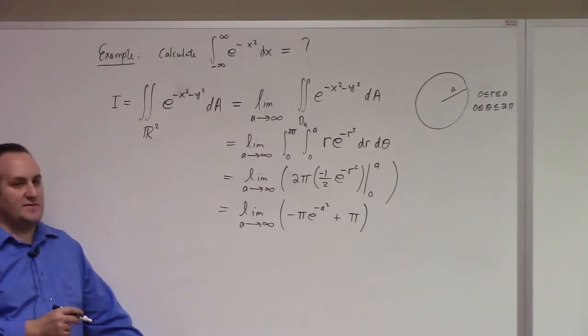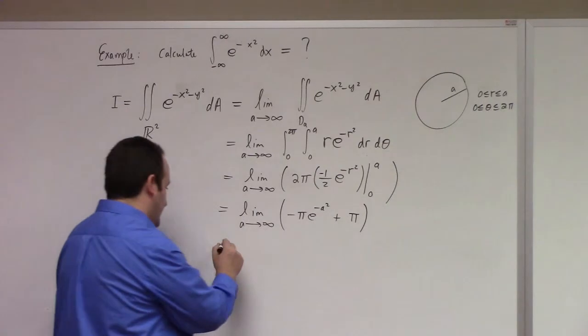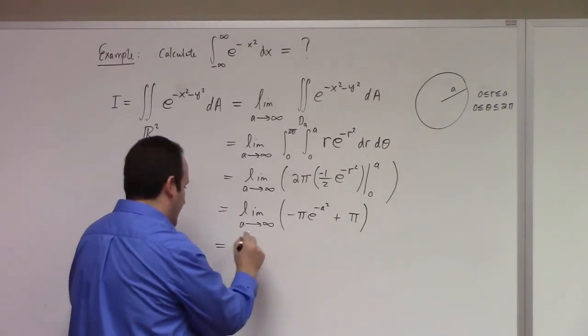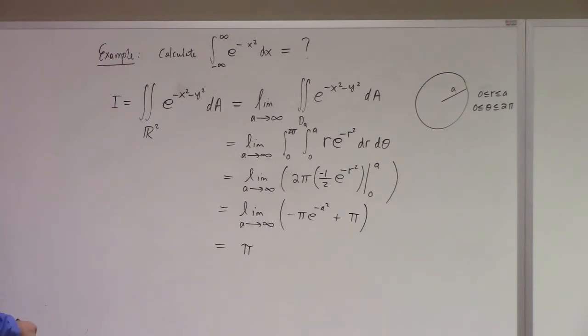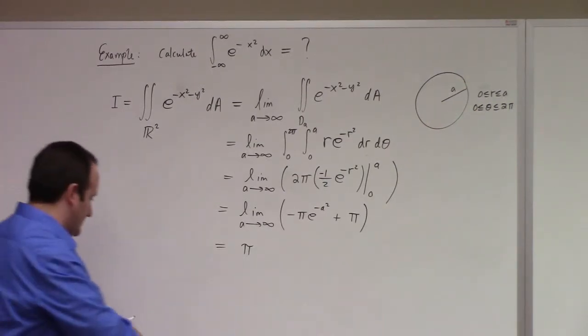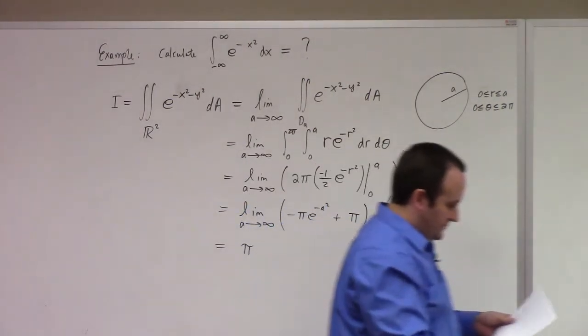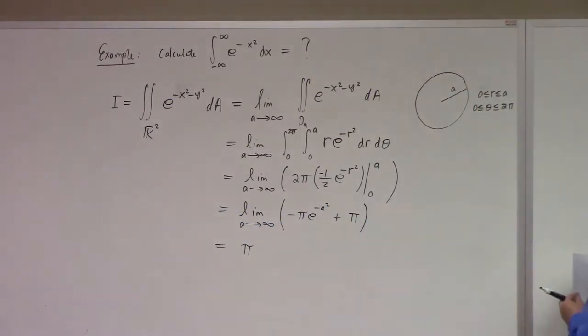What happens as a goes to infinity? E to the minus a squared goes to 0, right? So this is just pi. So we agree? Do you guys agree with that calculation?